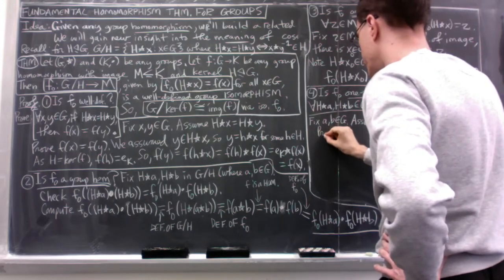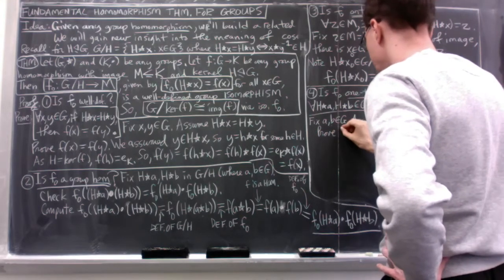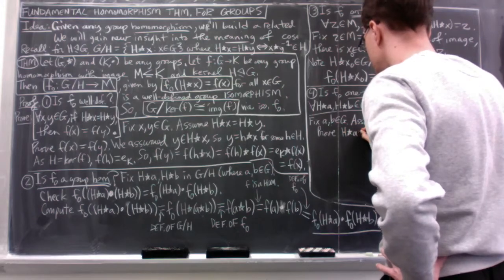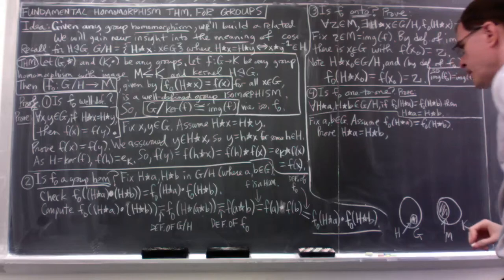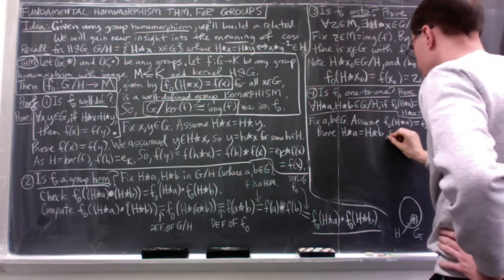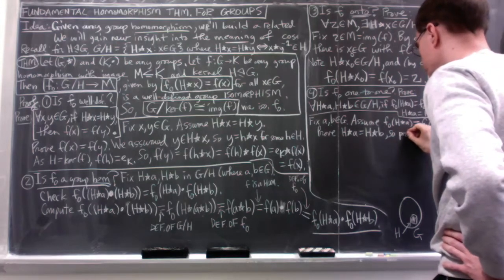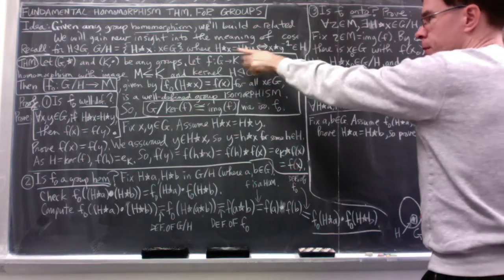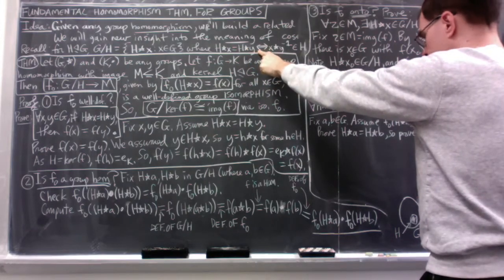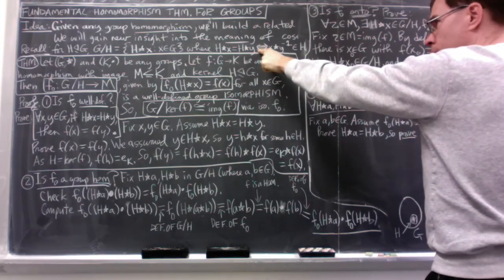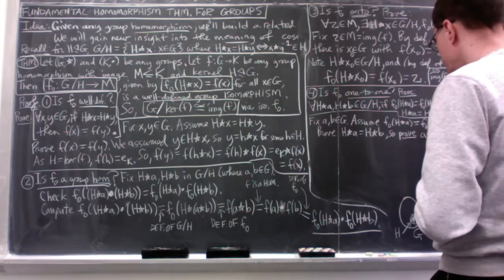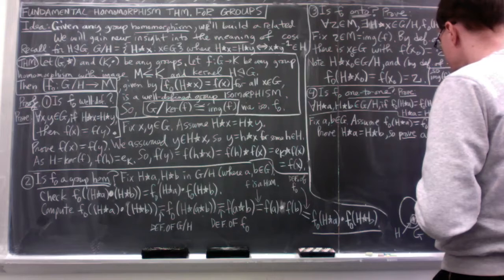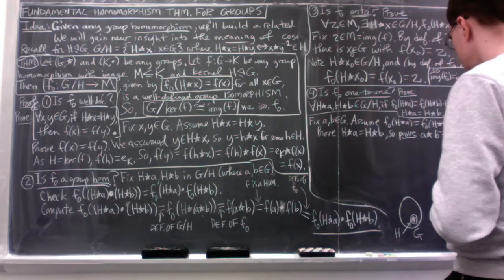And let's prove that H star a is equal to H star b. And here's where I can finally maybe use this right coset equality theorem. Let's immediately rewrite that goal, an equality of cosets, by saying, okay, I have to prove that a star b inverse is in H.